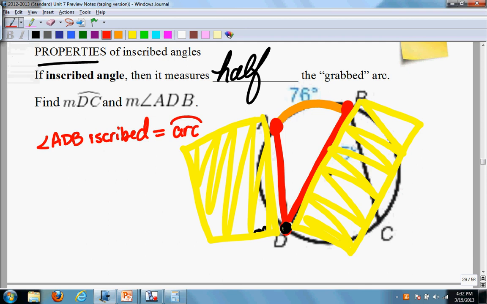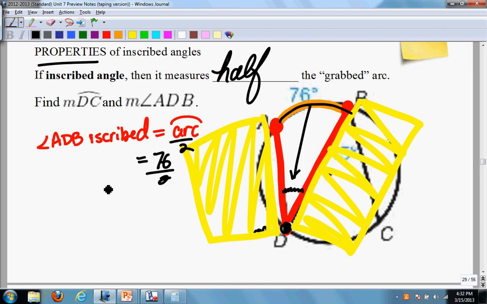So trace with me. If this is 76, this back here is half the arc. So we do here, the arc is 76, the angle is half of it.